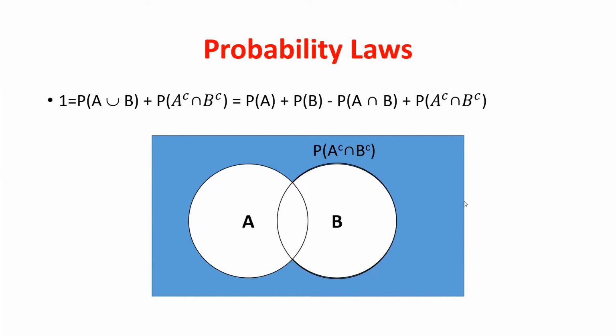From there, we can decompose it a little further because I know I can rewrite this union as the probability of A and B minus their intersection, or minus what I was double counting. All I did was plug in what we know about how we can find that union into this equation, and I now know that the probability of A plus the probability of B minus the intersection, plus the intersection of the complements, has to add up to 1.